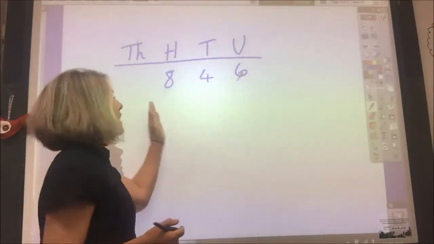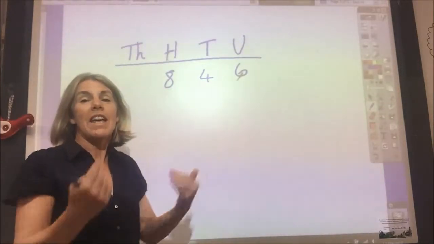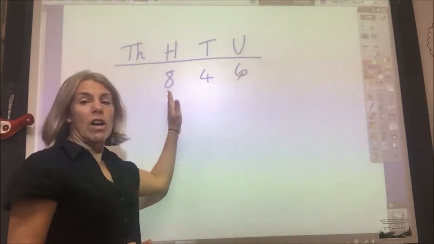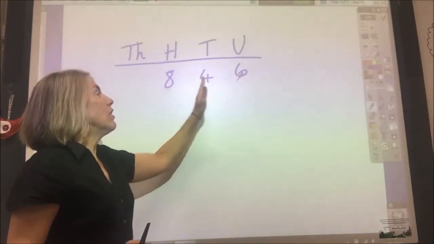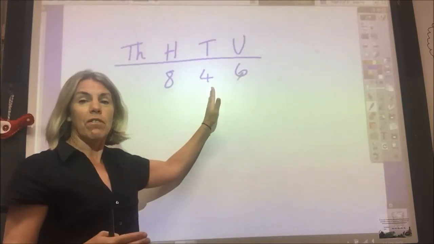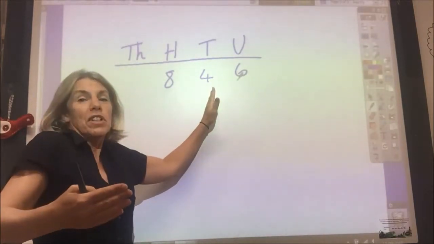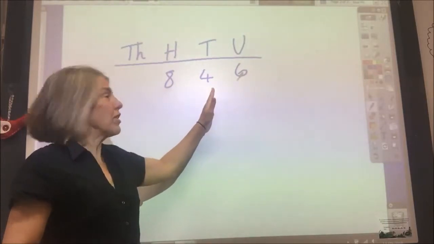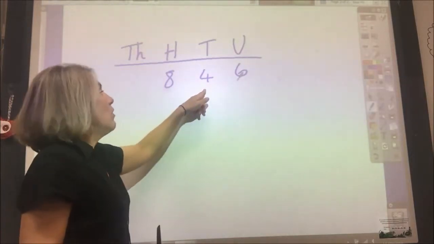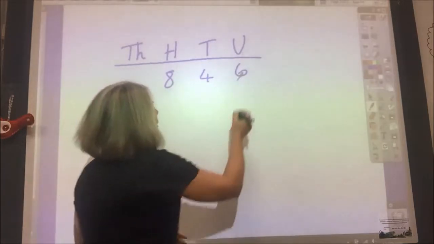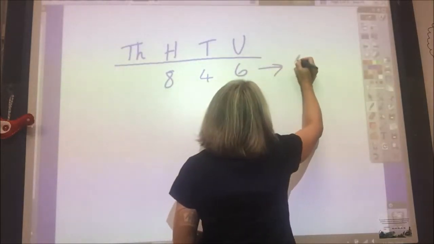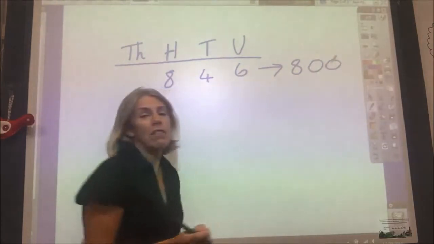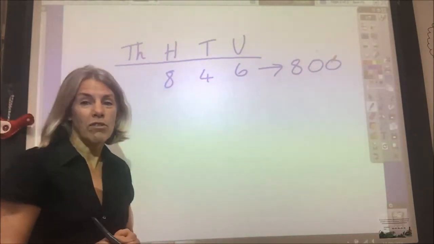So we're saying, is this number nearer to 800 or 900? We go one column to the right, we look at this 4 here. 5 or above, we round up to 900, 4 or below, we round down to 800. So because it's 40, we're going to go down to 800. So 846 goes to 800, rounded to the nearest 100.